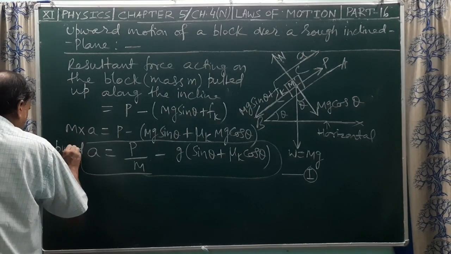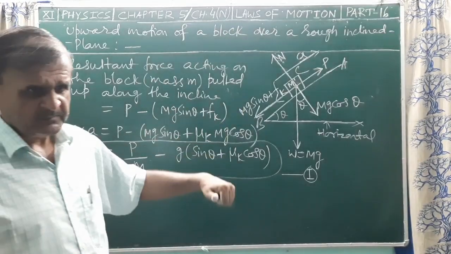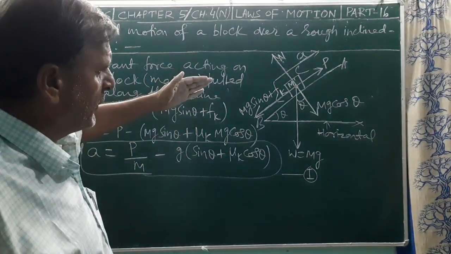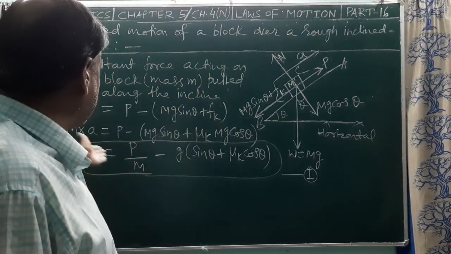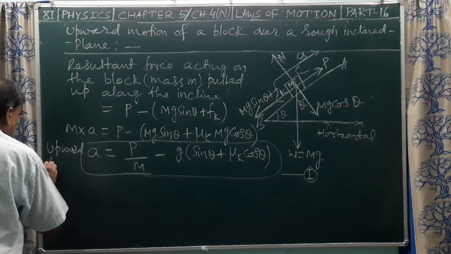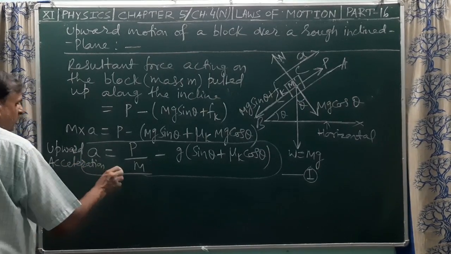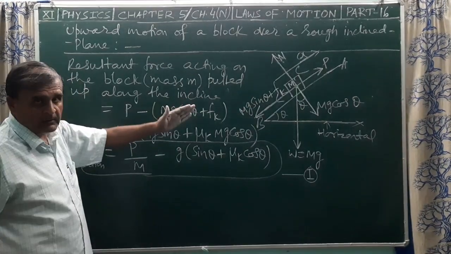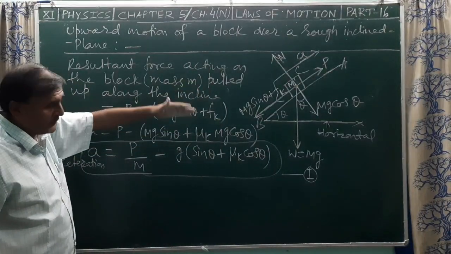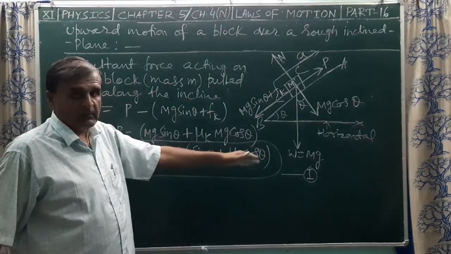Now if the block has just moved up, then acceleration is 0, or the body is moving upward with uniform velocity, in which case acceleration will equal 0. So the upward acceleration of the block is a equal to P by m, where P is the external force acting on the block in the upward direction, minus g sin theta plus mu k cos theta.